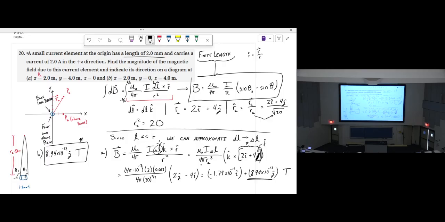The last thing it says is to indicate the direction on the diagram. So help me indicate the direction on the diagram, either from your right-hand rule or from the components of the vector given to us.